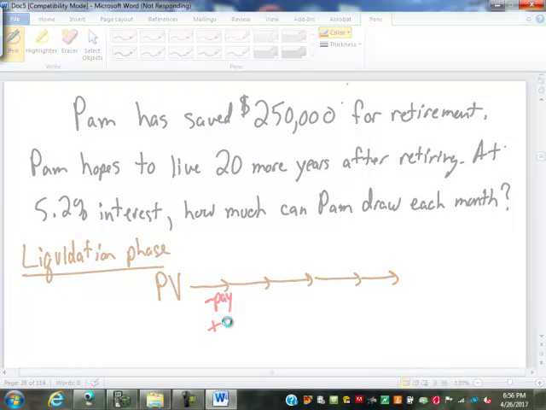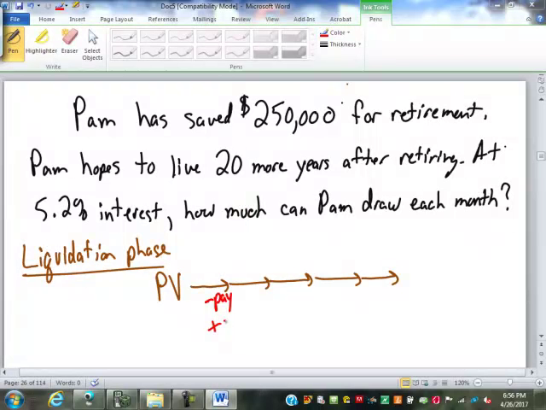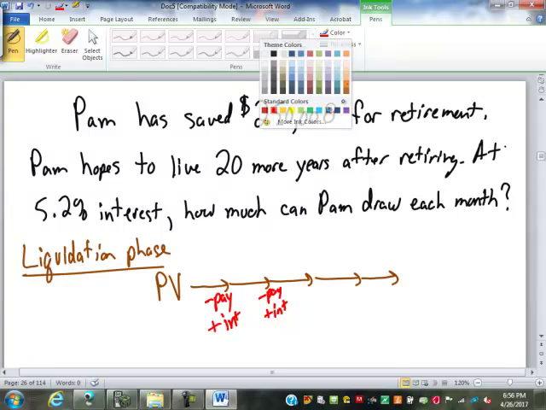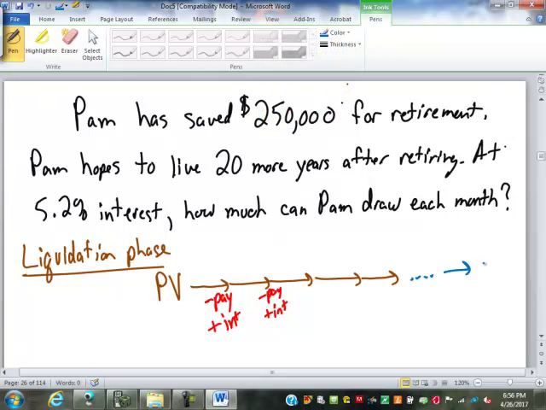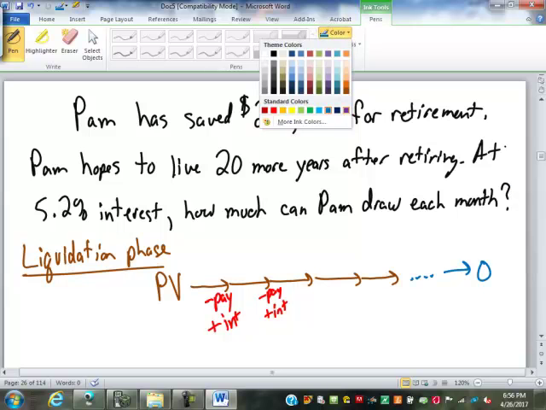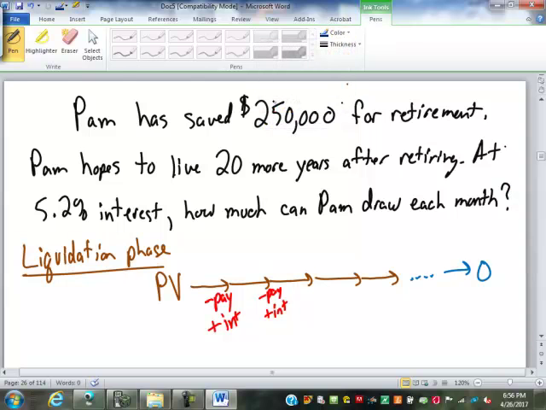We're still adding in the interest, until at the end, we get down to a zero balance or close to a zero balance. Now, in the example I have here, we know the present value and we are looking for the amount of that payment.